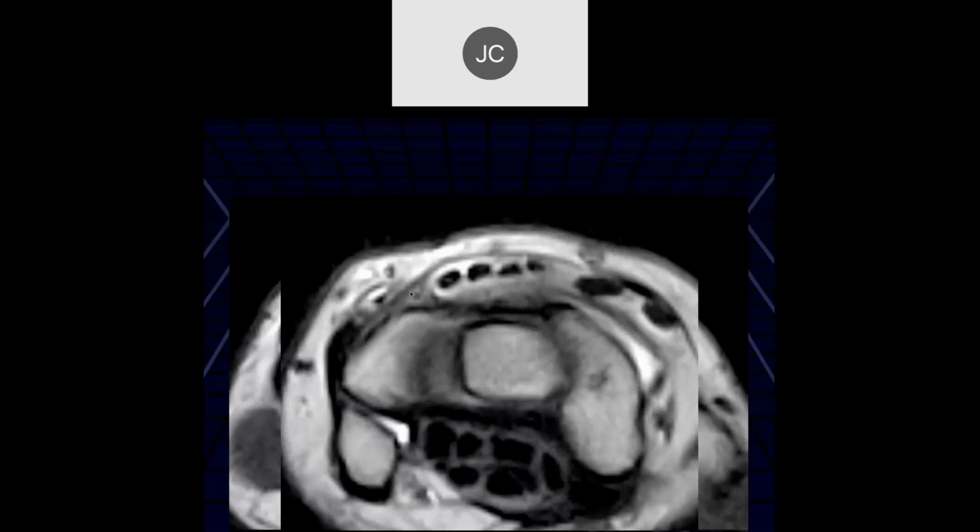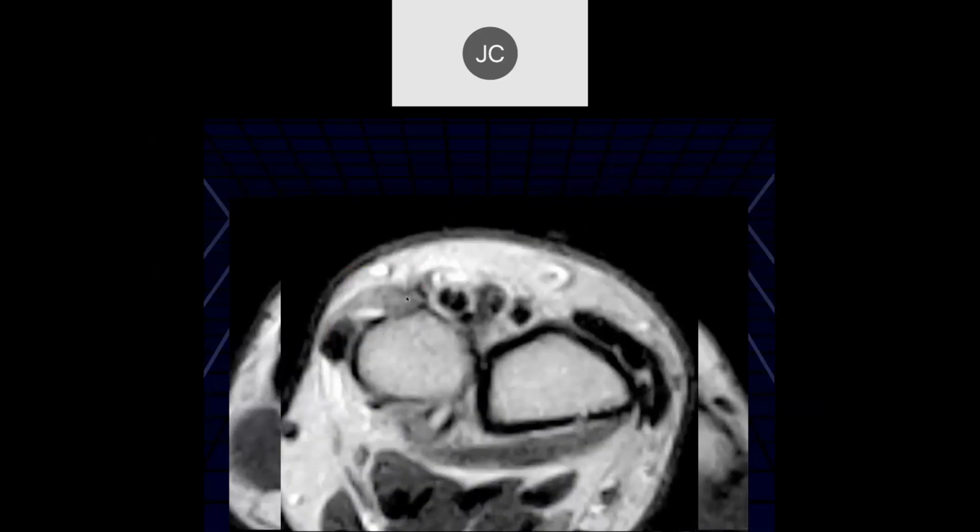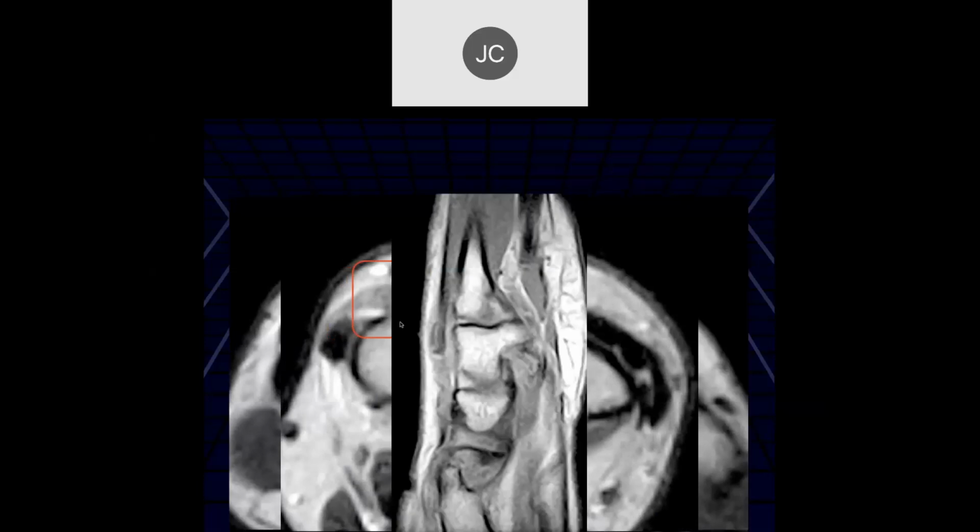And here it looks kind of gone, in the area of the fifth extensor compartment. If we go here, we can see that there's a rupture of the tendon. This was a rupture of the extensor digiti minimi tendon in the fifth extensor compartment.